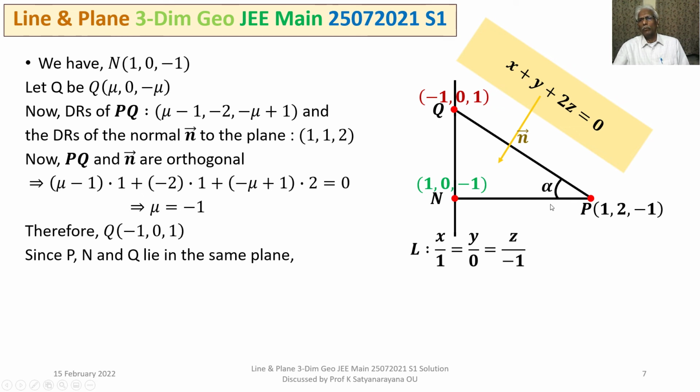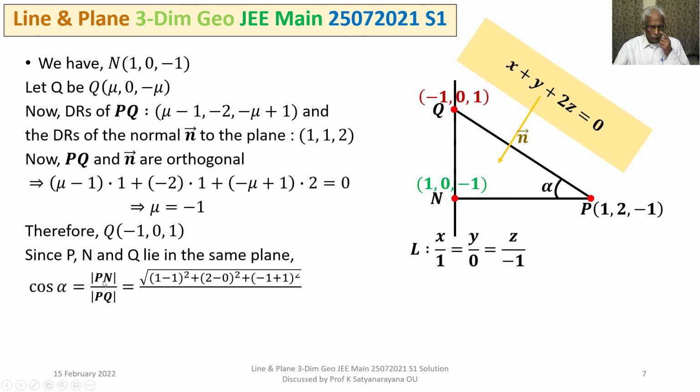So cos alpha will be equal to the length of PN by the length of the hypotenuse, that is PQ. So cos alpha will be equal to length of PN by length of PQ is equal to, length means the distance between 1, 0, minus 1 to, or 1, 2, minus 1 to 1, 0, minus 1. That is the square root of 1 minus 1 whole square plus 2 minus 0 whole square plus minus 1 plus 1 whole square. That is this one.